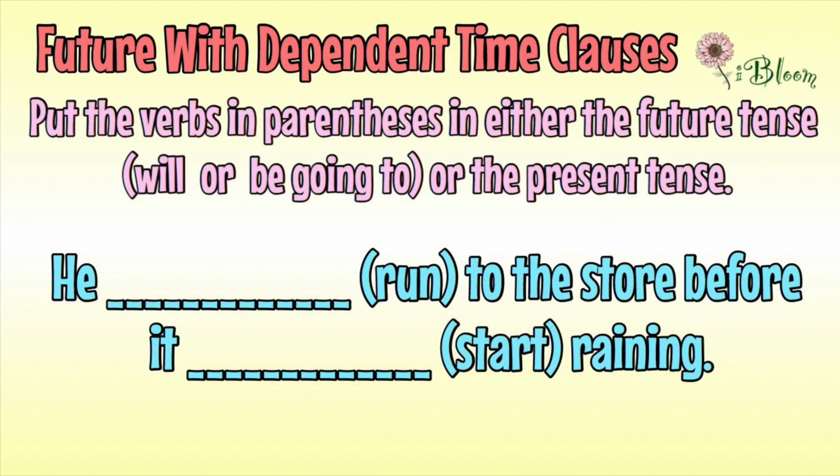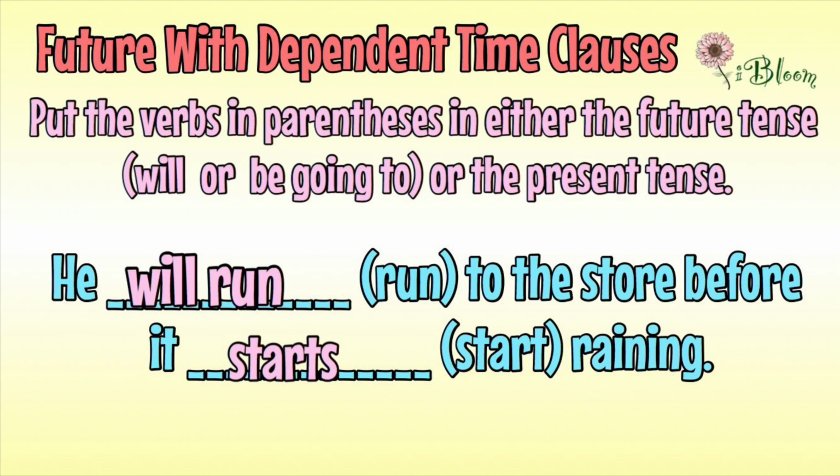What changes can you make here? Yeah, he will run to the store before it starts raining. He will run, this is the future, this is the main clause. Before it starts raining, this is the time clause.